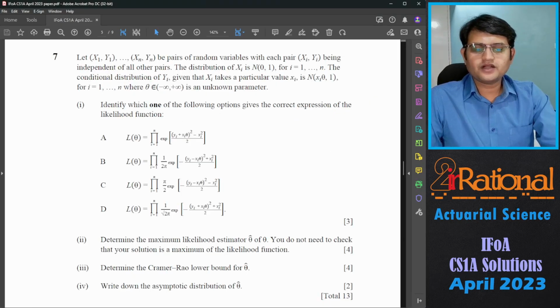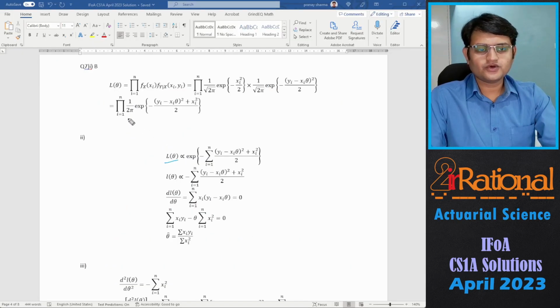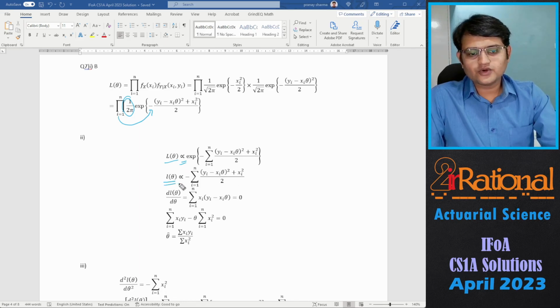For the second part, determine the maximum likelihood estimator theta hat of theta. You don't need to check that your solution is maxima of the likelihood function. So we have the likelihood. I have taken pi inside, that would become summation, and the constants I have removed. Log likelihood, remove the exp, then differentiate. We'll get summation x into y minus x into theta.